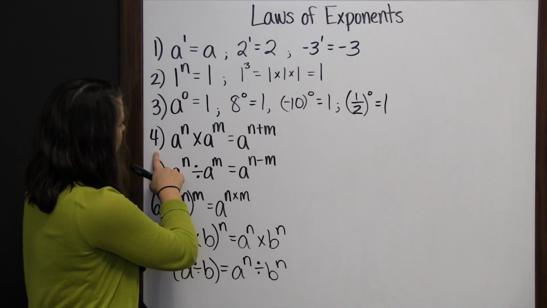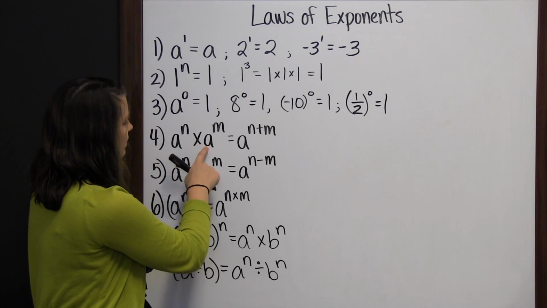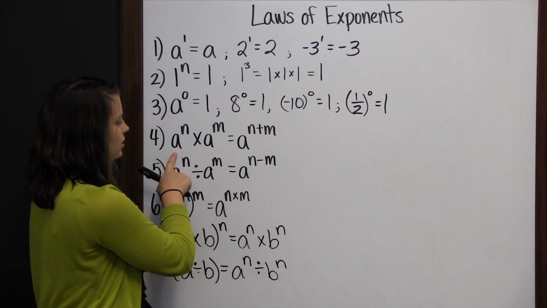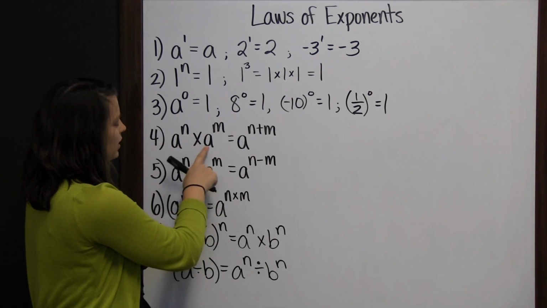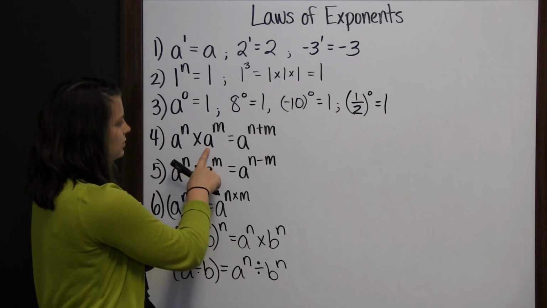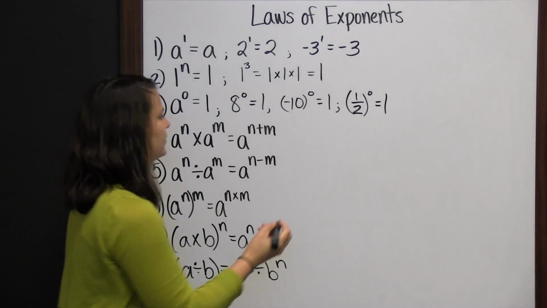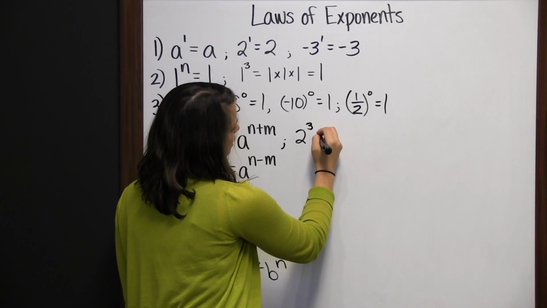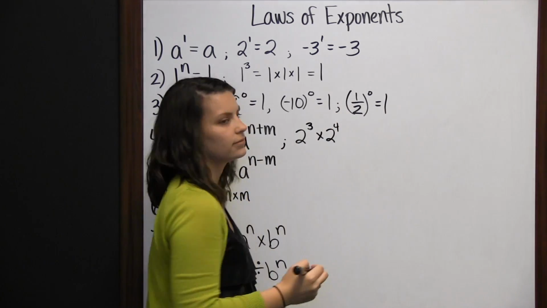The fourth law is when you're multiplying with the same bases. So notice A and A, our bases are the same, but we have different exponents. When you multiply numbers with the same bases, you add the exponents. Let's look at why. So say we were doing 2 cubed times 2 to the 4th.